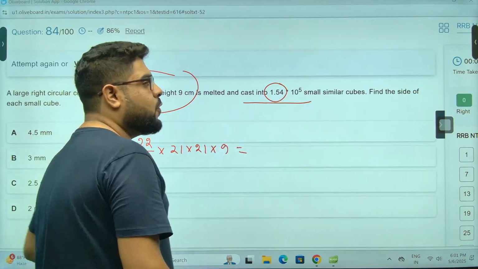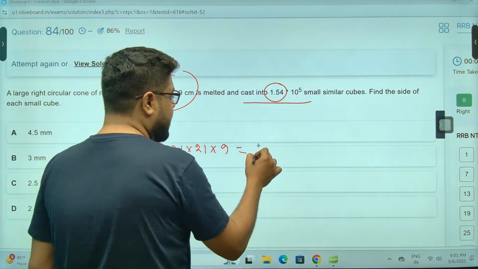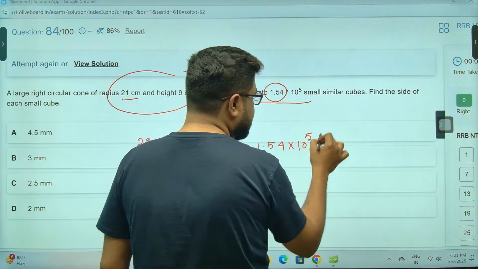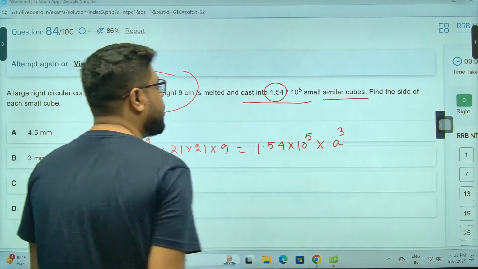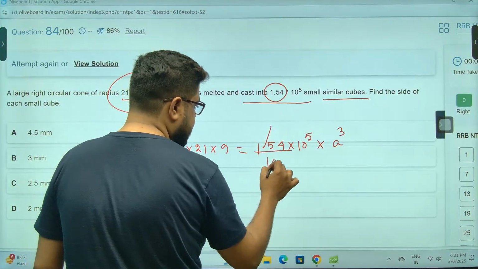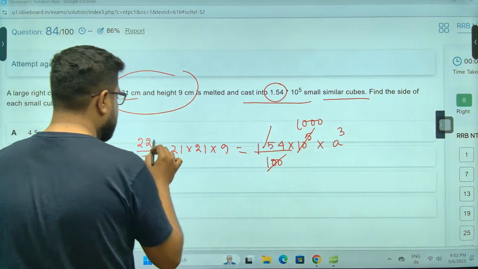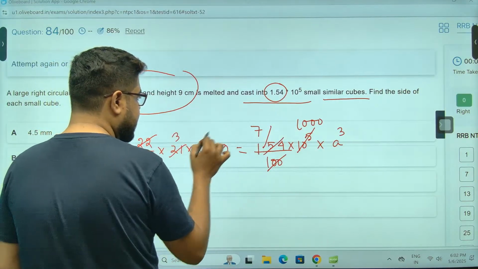Whenever melting and recasting is done, volume is the same. So volume is 1.54 into 10 to the power 5. Similar cubes, everything has a side a, so a cube is the volume. Calculate, this by 100 means 10 to the power 5, that is 10 cube, that is 1000. 22 sevens are this, 7 threes are this, 7 threes are this.